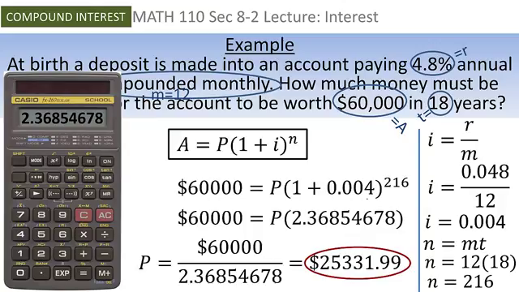So if you want to end up with $60,000 in 18 years and you're able to get 4.8% compounded monthly, you would need to put $25,331.99 into the account in the beginning so that it ends up being $60,000 in 18 years. Again, know the formula, know how to use your calculator, and practice the technique.